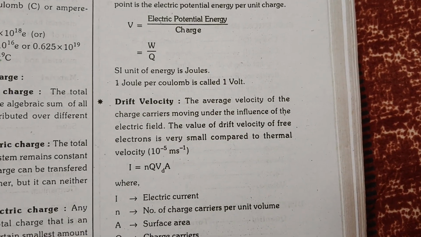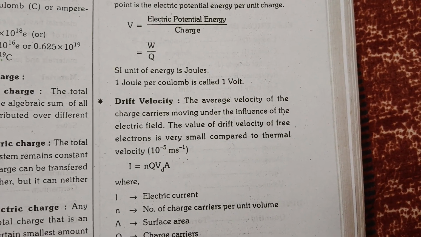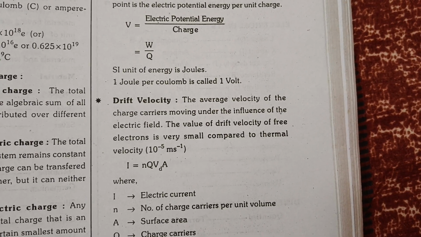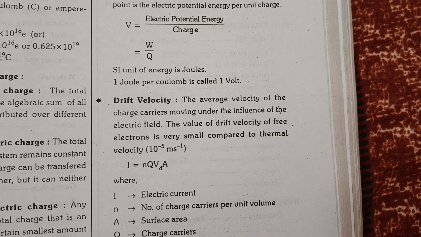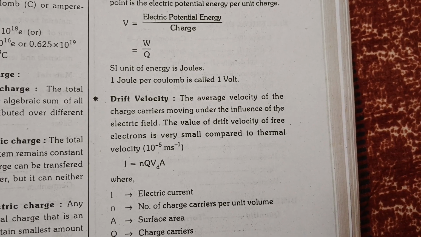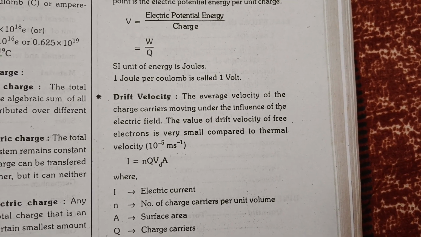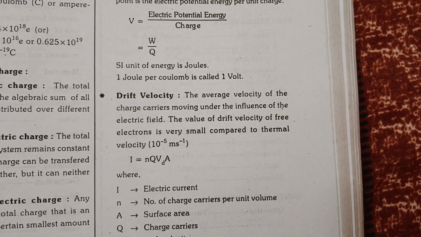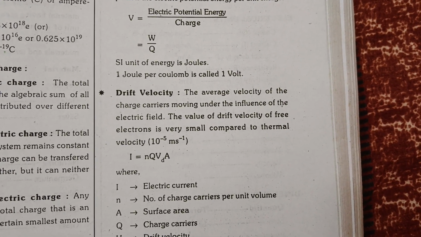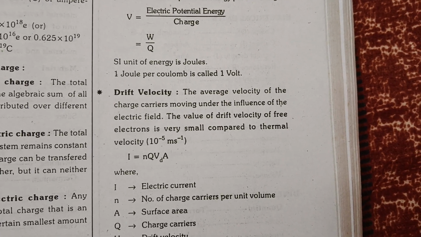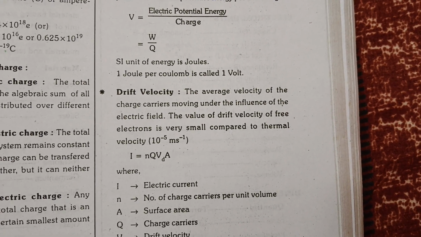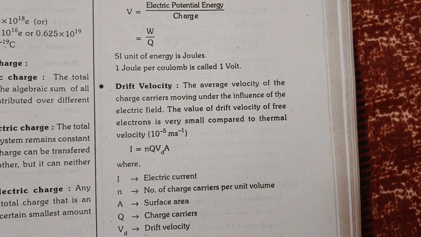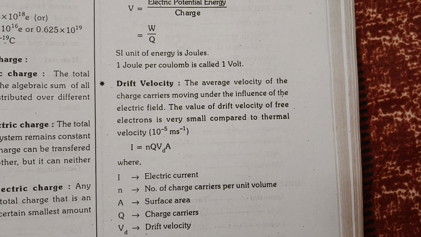Drift velocity. The average velocity of the charge carriers moving under the influence of the electric field. The value of drift velocity of free electrons is very small compared to thermal velocity, about 10 to the power of minus 5 meters per second.